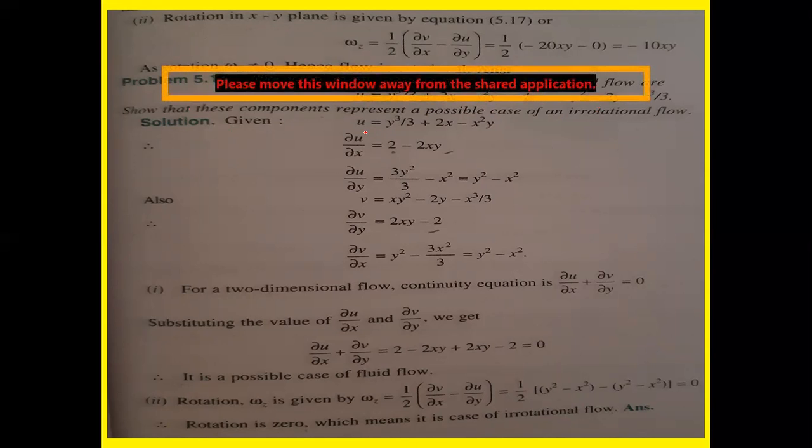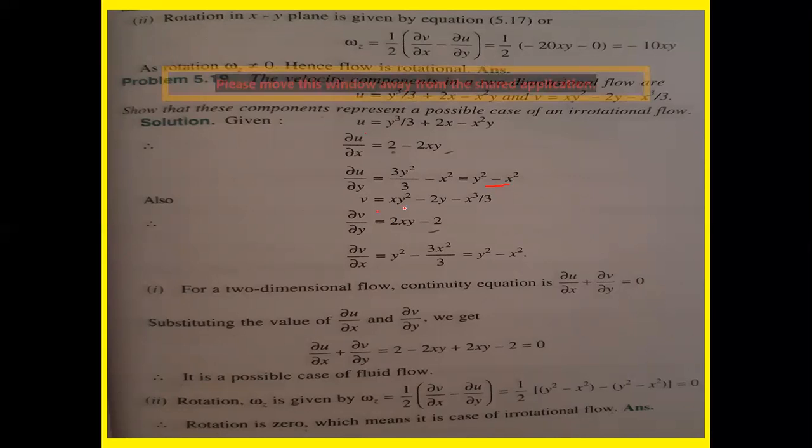So what is the given data? u is equal to this value. Differentiating with x and y, we get these values. Then v, differentiating with y and with x, we get these. Now for two-dimensional flow, the continuity equation is dou u by dou x plus dou v by dou y is equal to 0. Substituting these values, we get 0, which is possible for the fluid flow case.